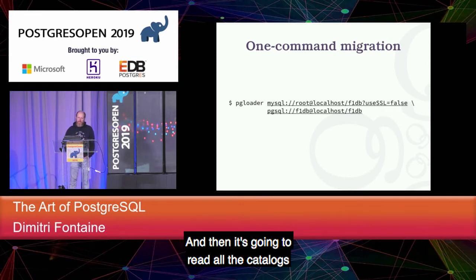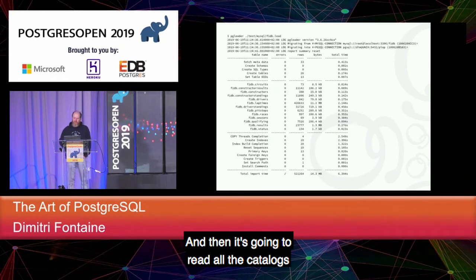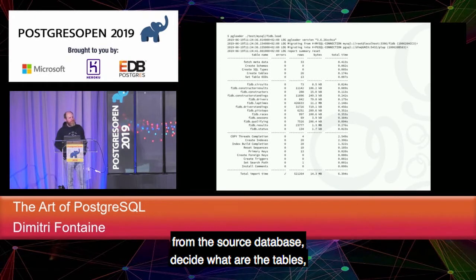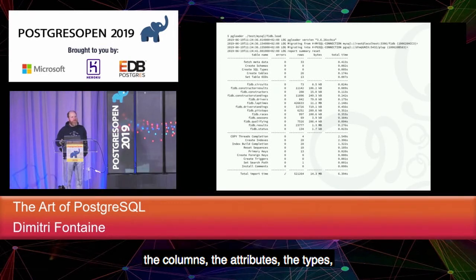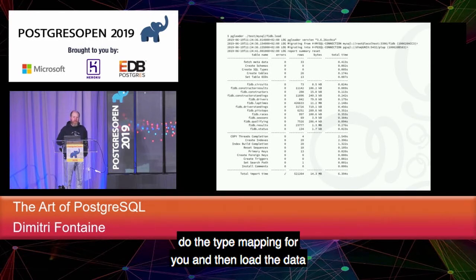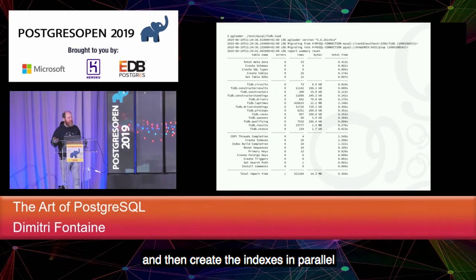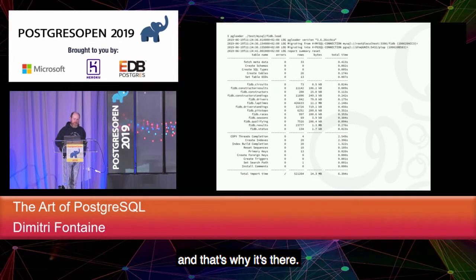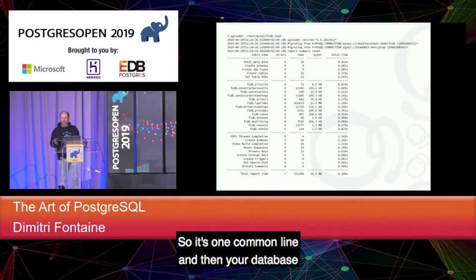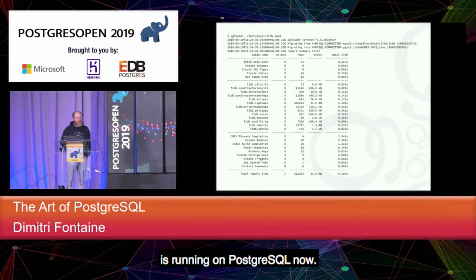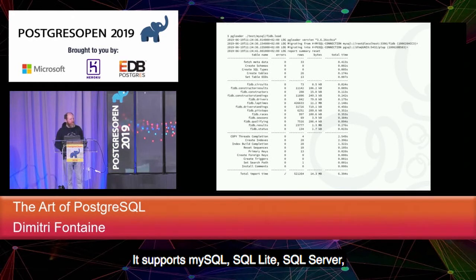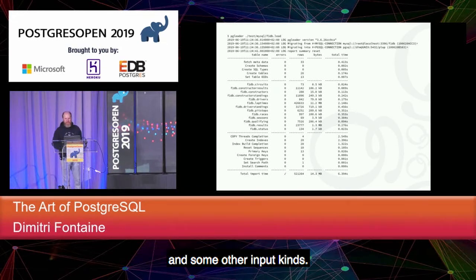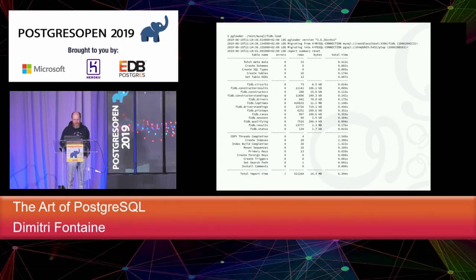And then it's going to read all the catalogs from the source database, decide what are the table, the columns, the attributes, the types, do the type mapping for you, and then load the data, and then create the indexes in parallel, and et cetera, et cetera. So it's one command line, and then your database is running on PostgreSQL now. So no excuse, just do it. It supports MySQL, SQLite, SQL Server, and some other input kinds.